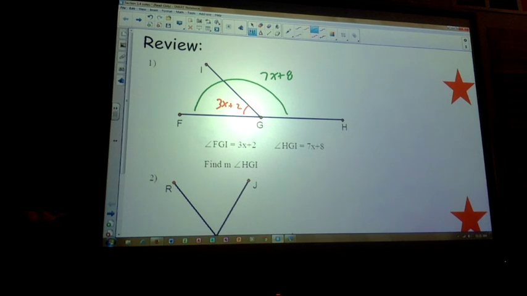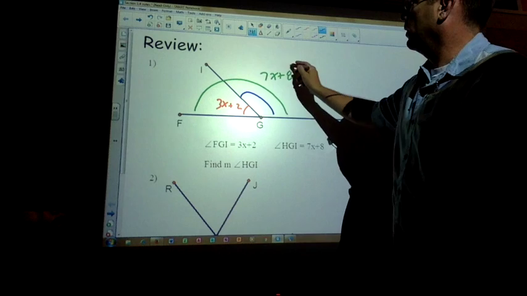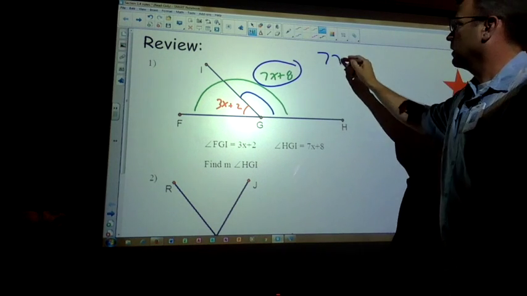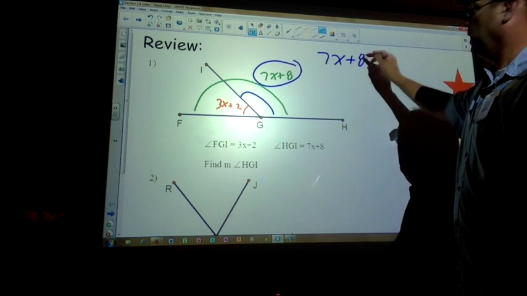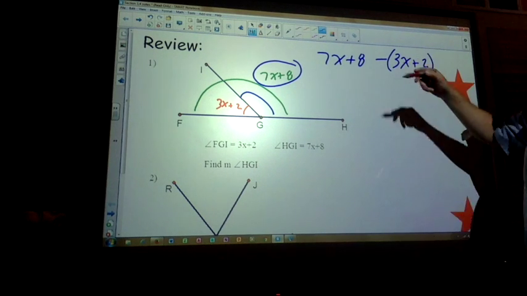I think if we subtract the two from each other, we'll get the third angle. So this angle here, if I were to take this and subtract this, hey, why did I put that in parentheses?